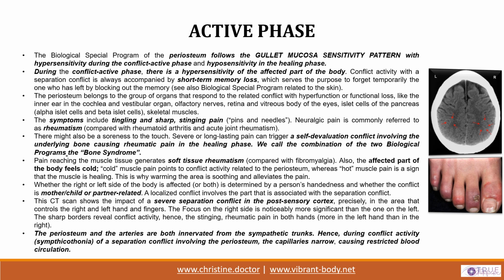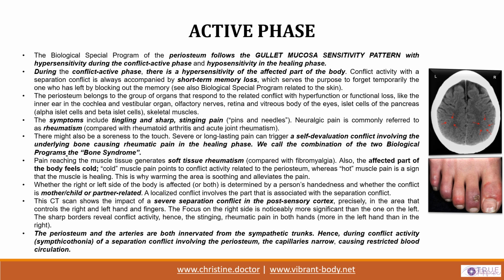Severe or long-lasting pain can also trigger a self-devaluation conflict involving the underlying bone, causing rheumatic pain in the healing phase. And we call the combination of the two biological programs bone syndrome. The pain that reaches the muscle tissue generates soft tissue rheumatism, compared to fibromyalgia, and also the affected part of the body feels cold.